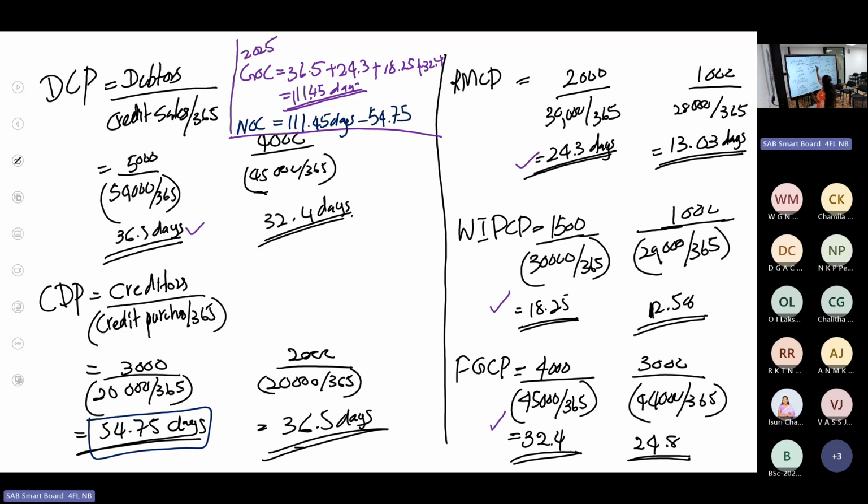That is 56.7 days. This is for 2025. Is that correct?